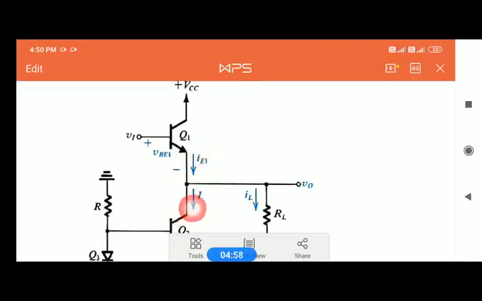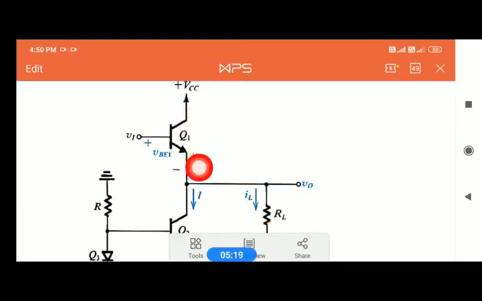Since this is a constant current I, the increased amount of current will flow through the load IL, because I is constant here. Whatever increase there is beyond I flows through the load. So the load IL is conducting.